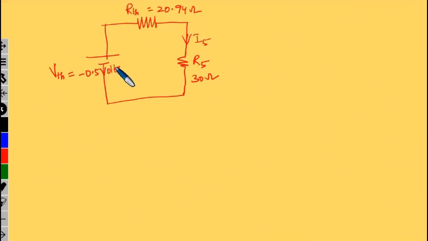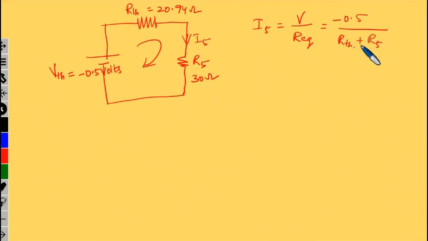So I5 is nothing but V divided by R equivalent. Now V is minus 0.5 and R equivalent is R Thevenin plus R5. So I5 equals minus 0.5 divided by 20.94 plus 30.